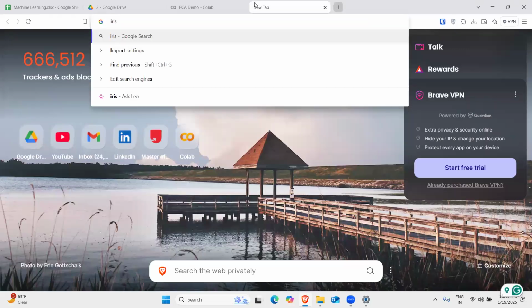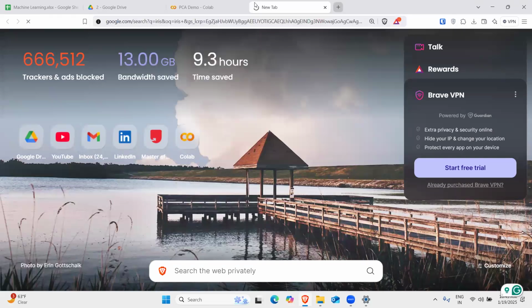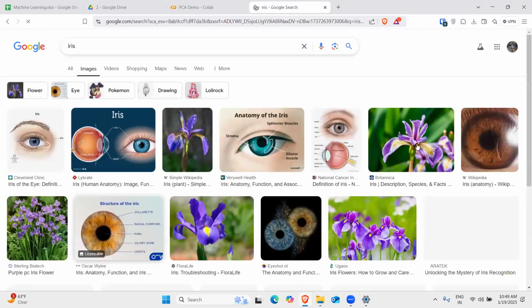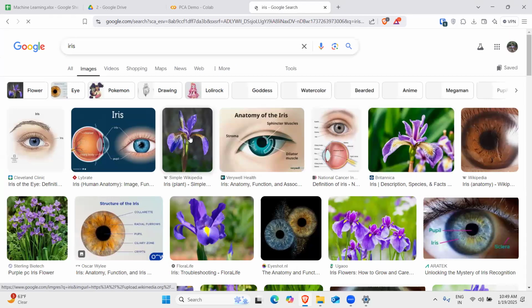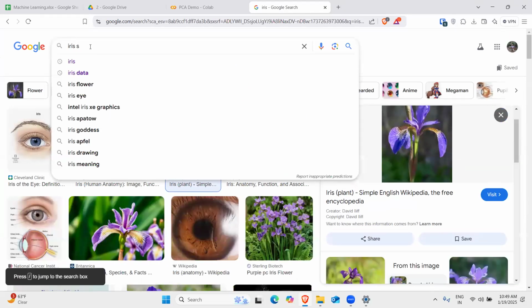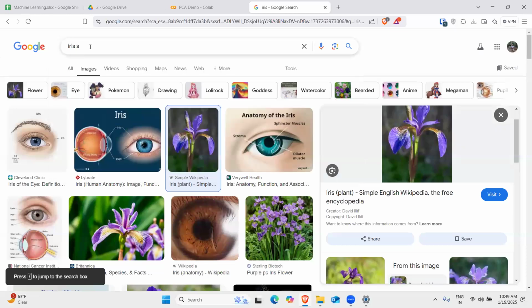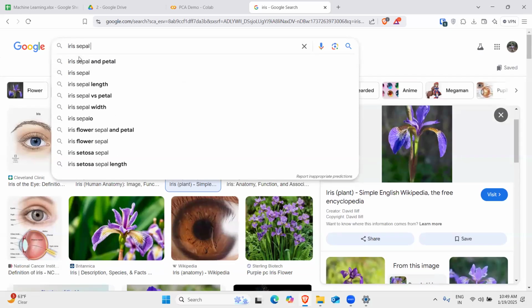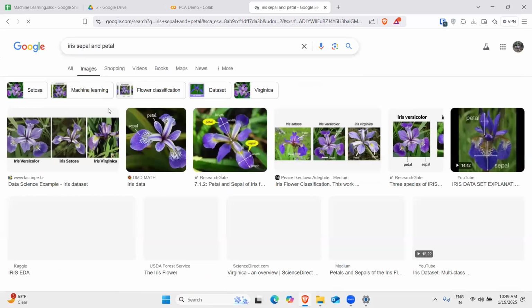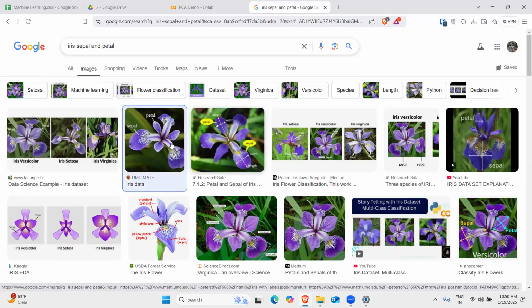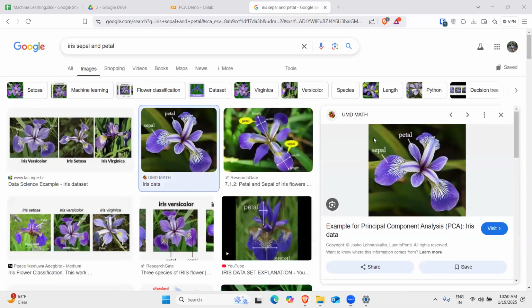It's a very common data set, already available and used for study purposes. We have one flower, the iris flower, this one, right? We have sepal and petal. These are the terminologies associated with a flower. If you search sepal and petal, you'll get an idea of what is sepal and what is petal.